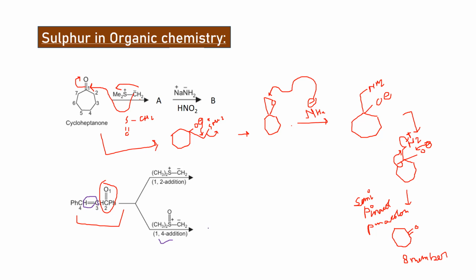In this case we get a cyclopropane type of product, whereas with the sulfonium ylide we get an epoxide as our product.